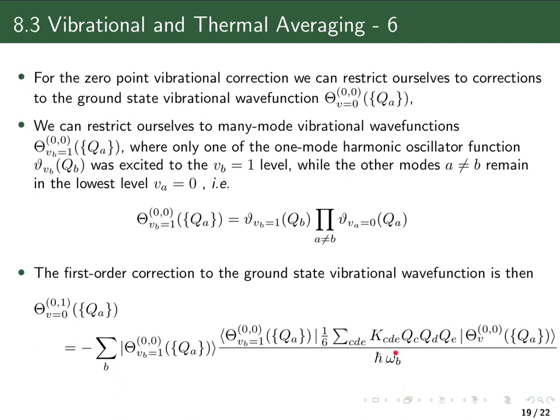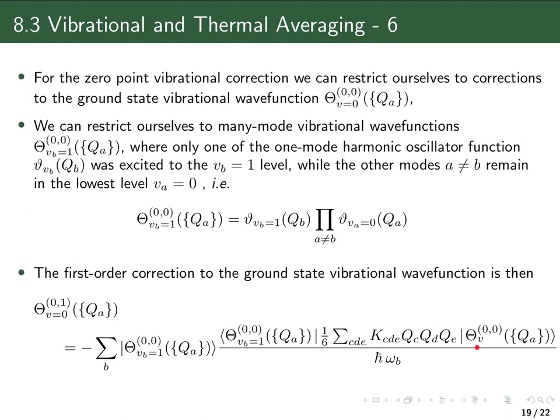And divided by the energy difference, but the energy difference is actually just, because for a harmonic oscillator the energy difference between the ground state and excited state is h bar times the harmonic frequency, and we have only excited one mode, so mode B, so it's just h bar times the frequency of B.